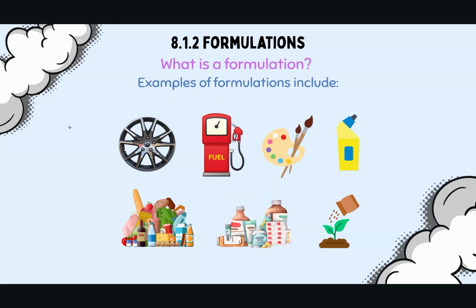So here's examples of different formulations: fuel, alloys, paint, fertilizers, different types of food. Well, some of the chemicals that we add to food. Lots and lots of different types of medication are formulations.